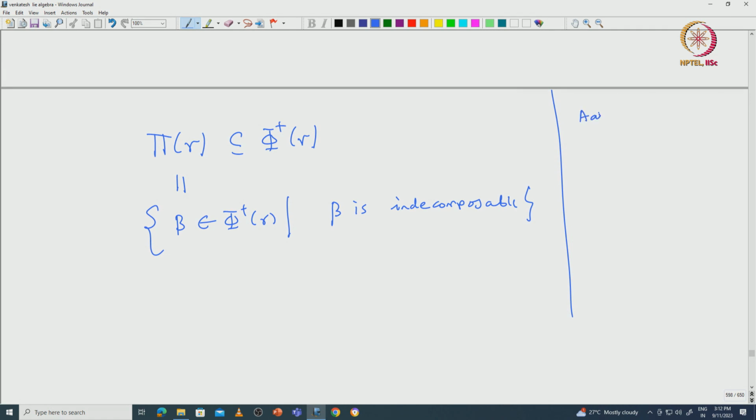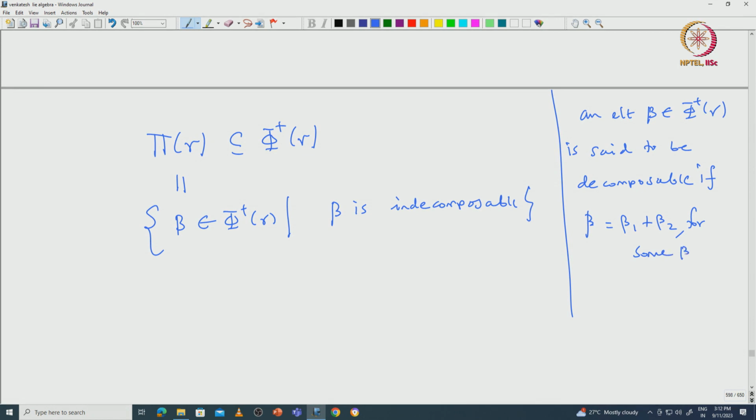An element beta of phi plus gamma is said to be decomposable if beta can be written as beta 1 plus beta 2 for some beta 1, beta 2 inside phi plus of gamma.